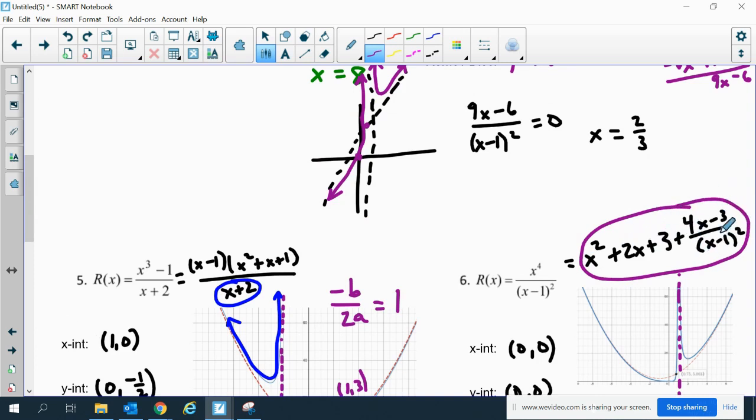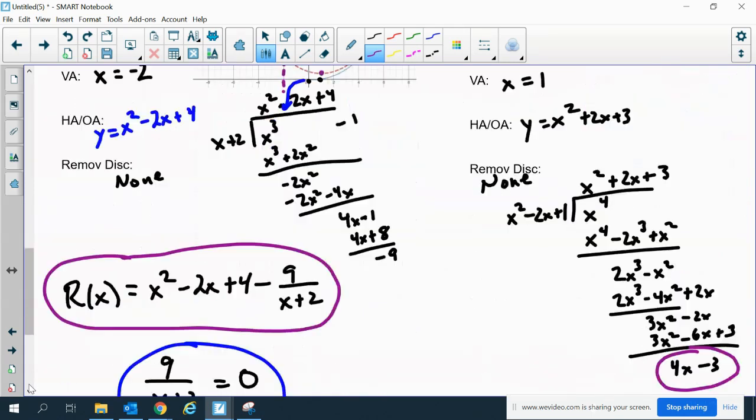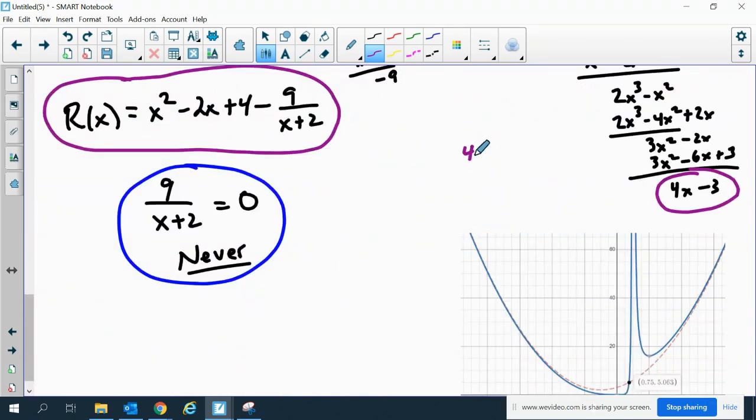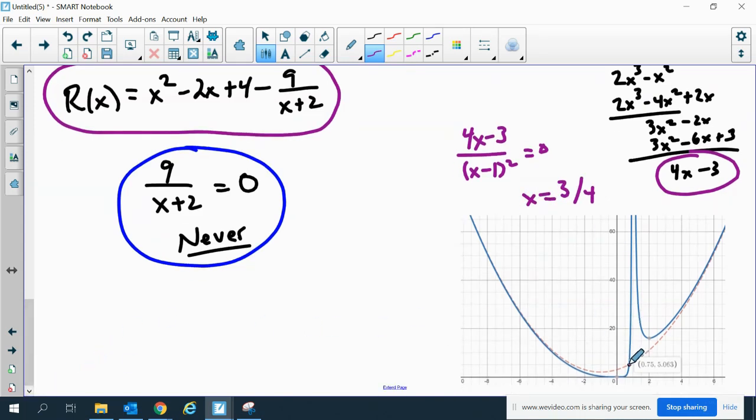So if I want to figure out if this crosses my oblique asymptote, I set 4x minus 3 over (x minus 1) squared equal to 0. And I see that it occurs at x equals 3/4. So I've zoomed in on the graph a little bit.